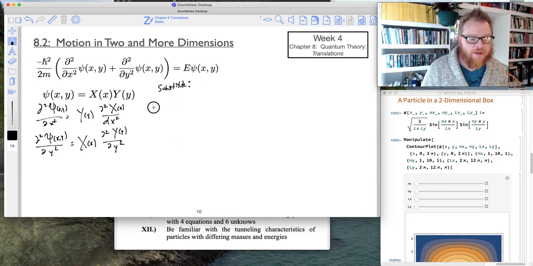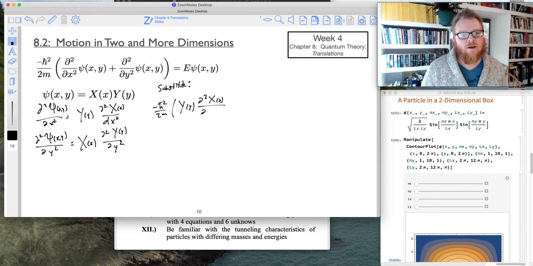And so now that's going to be negative h bar squared over 2m times, and now look, we know the second derivative in x can be written as such, the Y function times the second derivative of the X function.